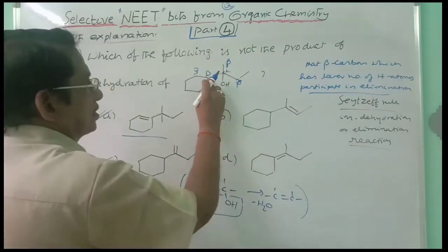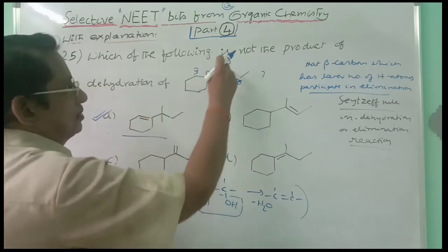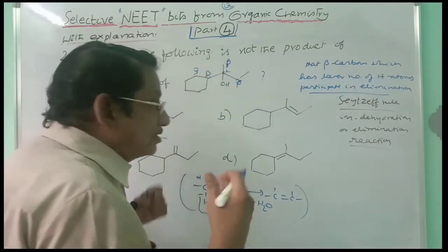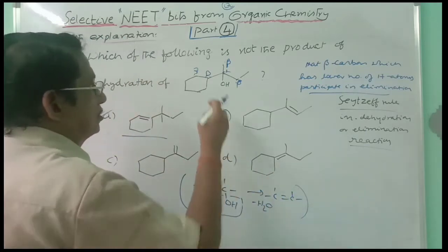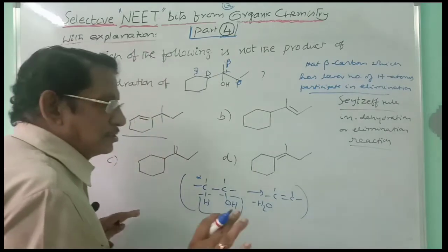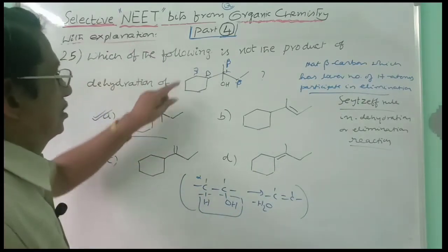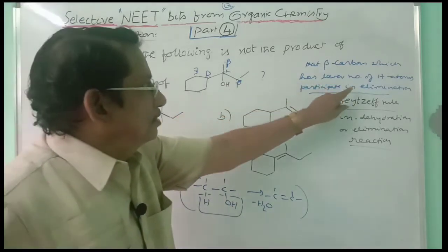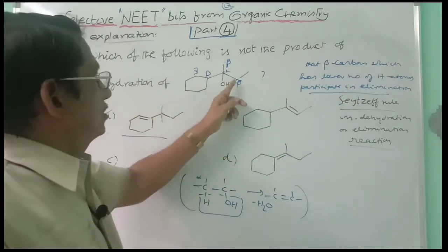And this beta carbon is having only 1 hydrogen, this is having 3 hydrogens, this is having 2 hydrogens. The most major product, what is it? This is the major product. That is not the bit here, which is not likely to be formed. And so here gamma carbon cannot participate here. That beta carbon which has a lower number of hydrogens participates here.